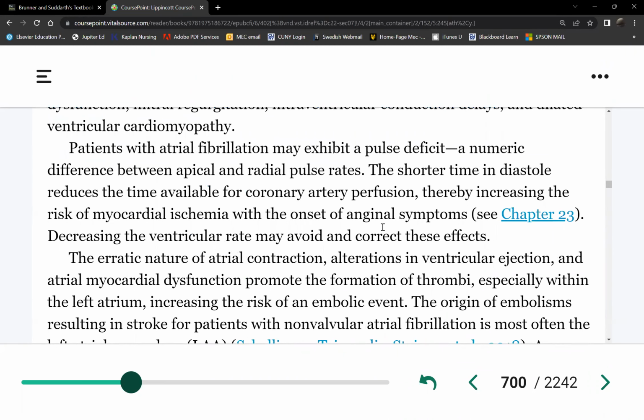Manifestations, again, for any dysrhythmia, only the severity will change. Some dysrhythmias are more serious than others, but all of them do what to the cardiac output? Decrease. Okay, so therefore, what are signs and symptoms? How do you answer the signs and symptoms part? Signs and symptoms of decreased cardiac output, which is the same as heart failure, because heart failure causes decreased cardiac output.